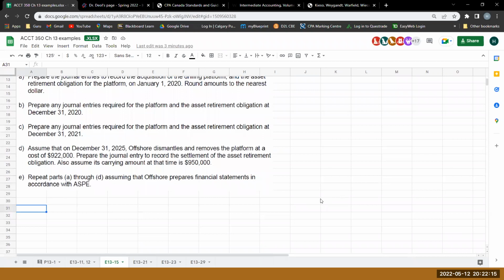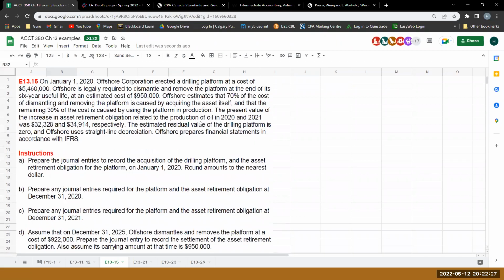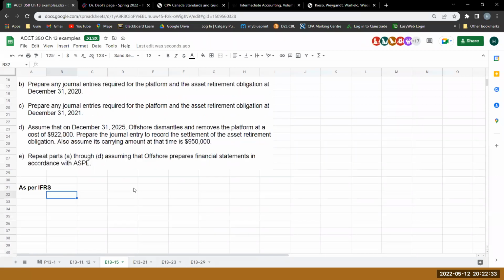Right, so first, as per IFRS, we have to calculate the present value of the asset retirement obligation. The 950,000 is the cost in 6 years' time. That basically represents the future value.